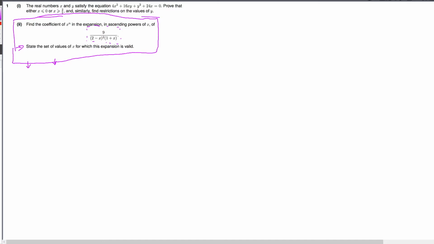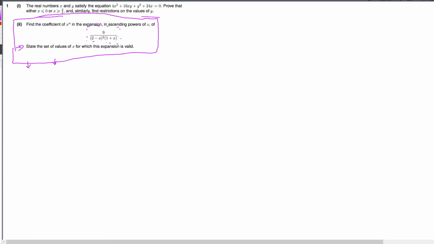Another way you could try to expand this is by finding the binomial expansion of each factor. So 9 is just 9. You binomially expand 2 minus x to the power of 2, and then you binomially expand to the power of negative 2, and then you binomially expand 1 plus x to the power of negative 1.